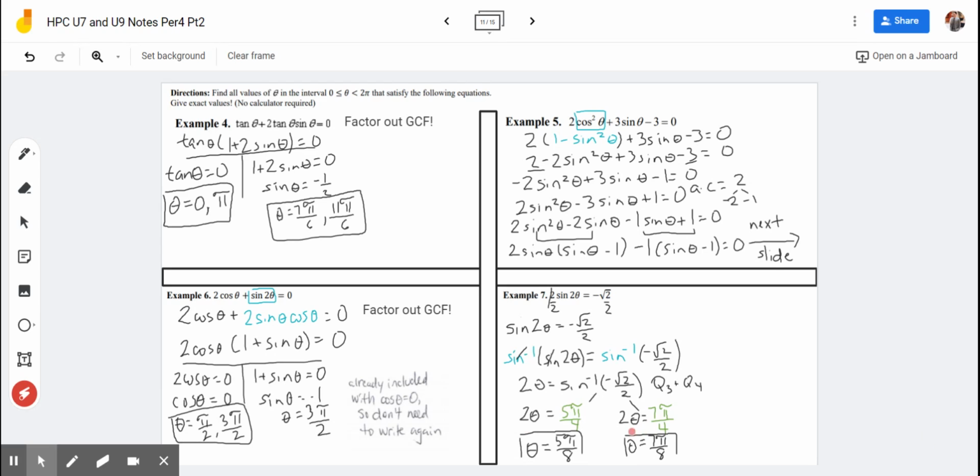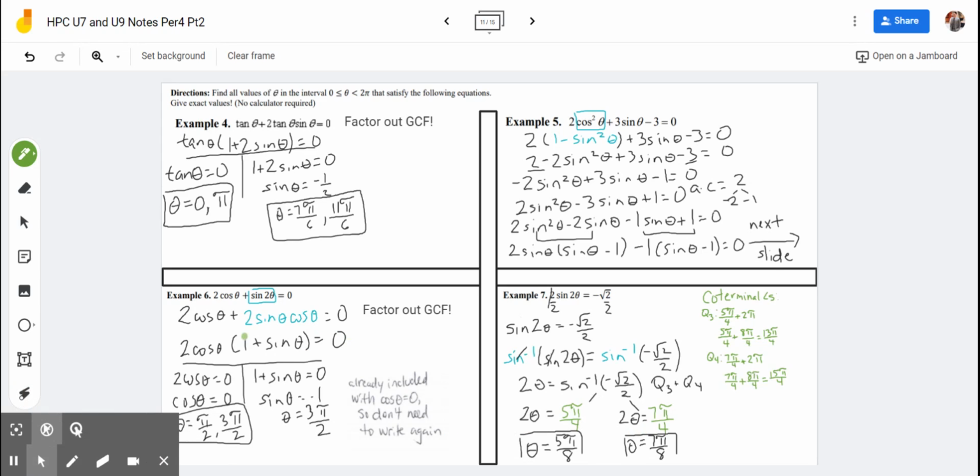So that's what we're going to do next. I made a note here on how to find the coterminal angles by just adding 2 pi to the initial set of solutions. So we'll have 13 pi over 4 as our second possible. And then if it's coterminal with quadrant 4, we would add 2 pi to 7 pi over 4, which will give us 15 pi over 4.